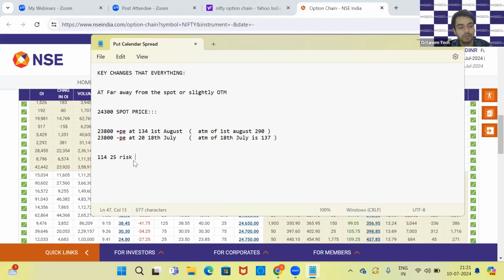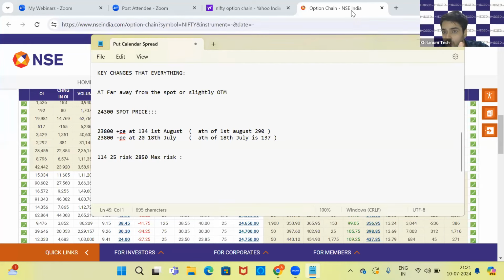That is 114 into 25, which is the lot size. 2,850 is my maximum risk. Now, two things. 2,850 is my maximum risk, even if my laptop is closed till the end of August.